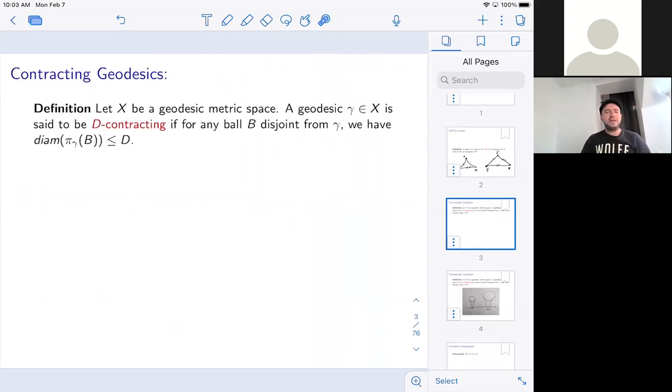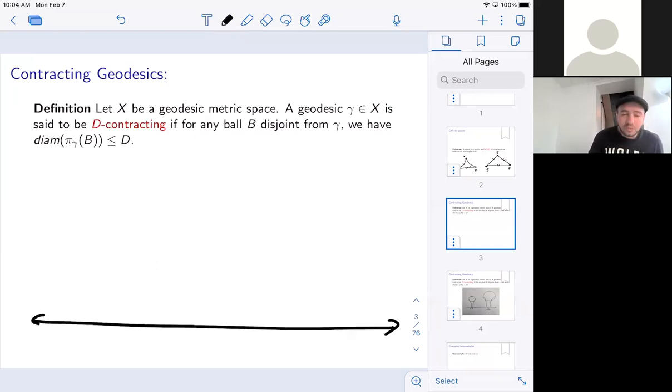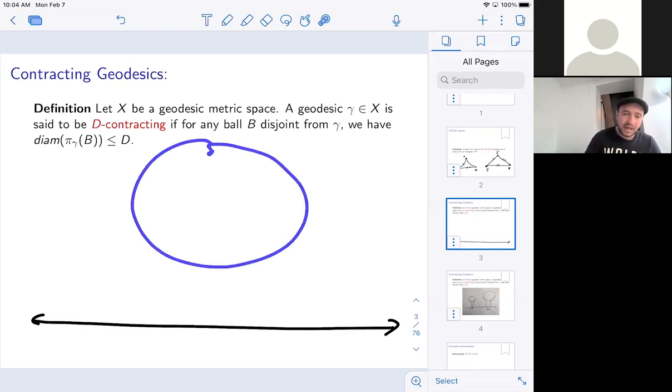Okay, so let's make the following definition. Suppose you have a geodesic metric space, and suppose you have a geodesic gamma. I'm going to be thinking of a geodesic ray, perhaps, or a geodesic line. We're going to say that this geodesic line is contracting if for any ball disjoint from the line, its nearest point projection to the line has diameter at most d.